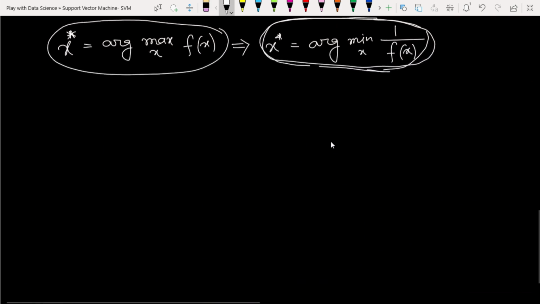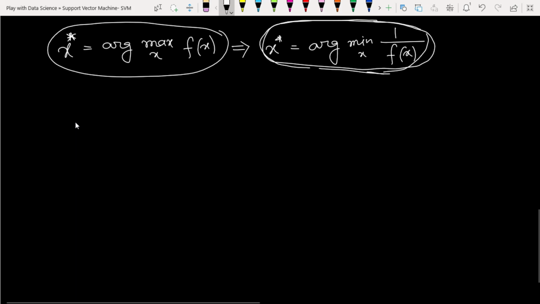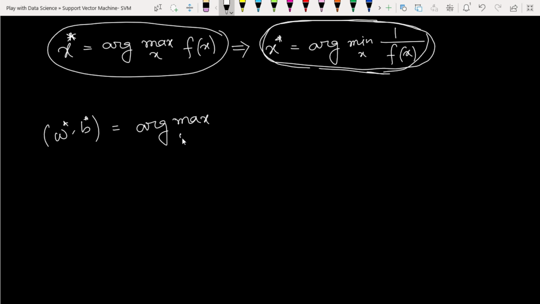If you remember our hard margin equation, I am again writing our hard margin equation. I'm not writing the constraint term here.